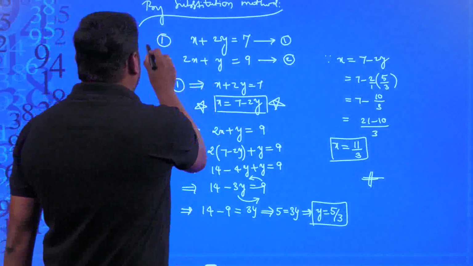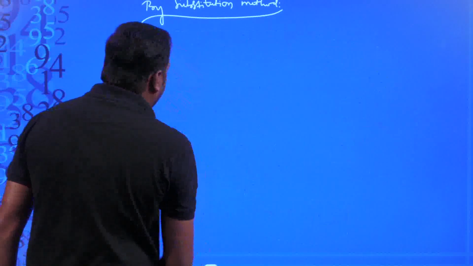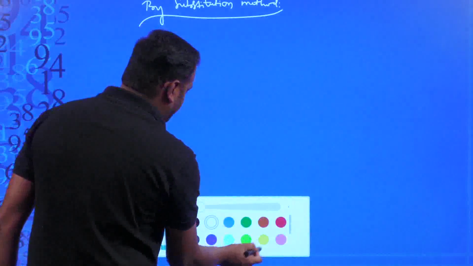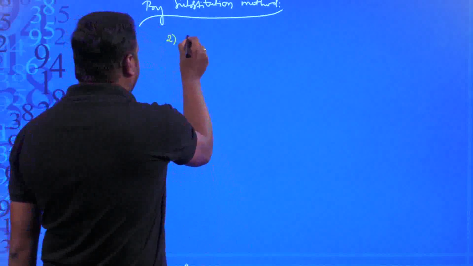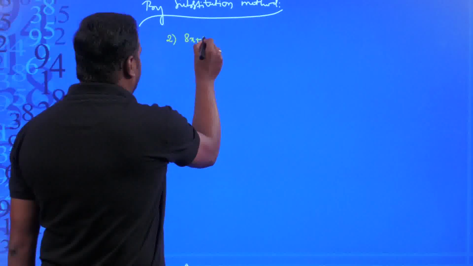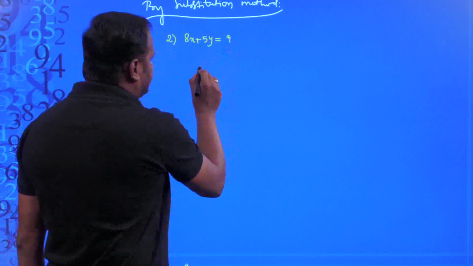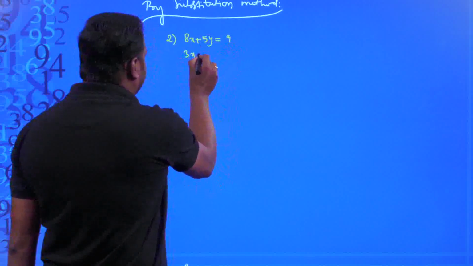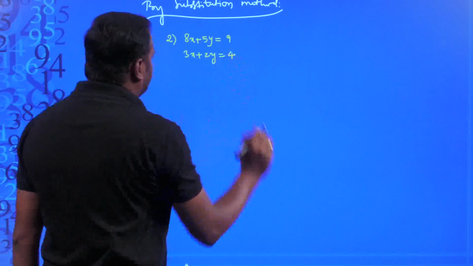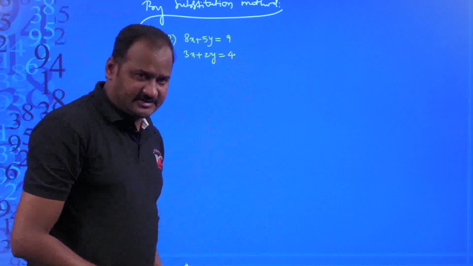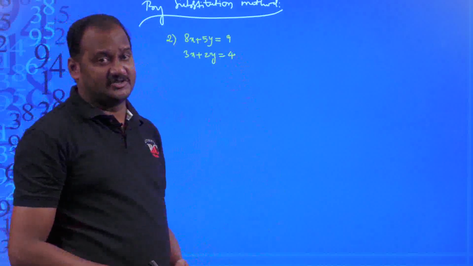Now, my equations are going to be, the first equation is 8x plus 5y is equal to 9, and the second equation is 3x plus 2y is equal to 4. These two are a pair of linear equations. Now I am going to solve this pair of linear equations by substitution method.